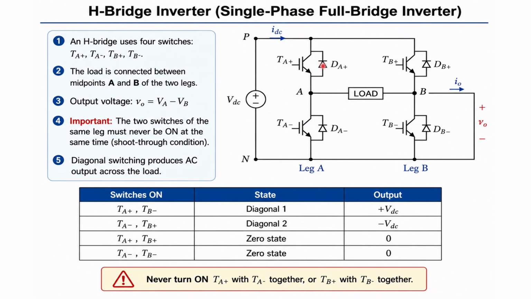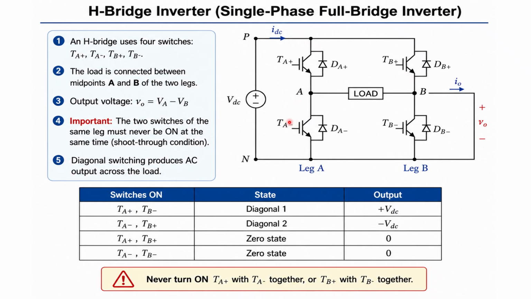The most important safety rule in this circuit is that two switches of the same leg must never be on at the same time. That mode of operation is called a shoot-through condition. It is not allowed to have a shoot-through condition.